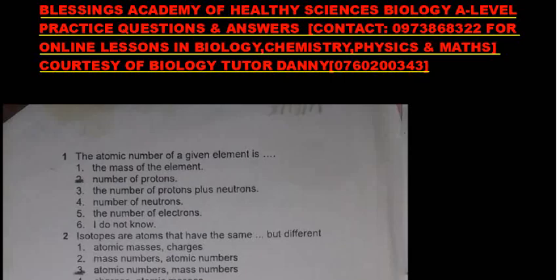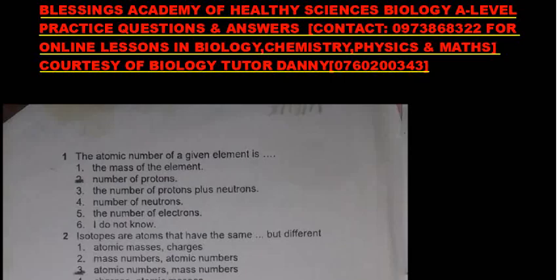So we are going to solve past paper questions for A level biology. The first question says the atomic number of a given element is, and the answers, option 1, which says the mass number of the element. So this is not true.